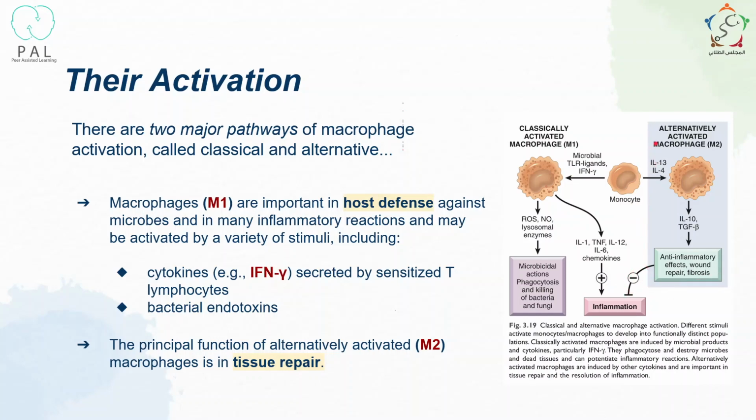And the general cytokines that stimulate are interleukin 13, interleukin 4. We're going to go over them in the repair lecture. So the main thing I need to take out from the slide is that there are two pathways of activation, and that the classical M1 pathway contributes to inflammation, and that the alternative M2 pathway is anti-inflammatory.